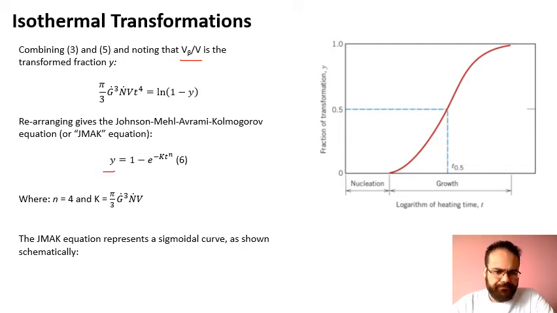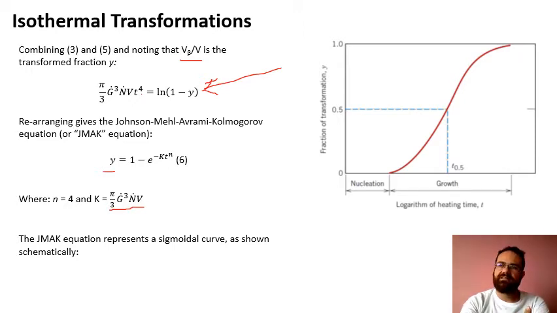In this expression, k is this constant here, which is simply the terms which were here initially, and n is ideally 4, so it's the time exponent 4. This is a very important equation in physical metallurgy because it explains the time variation of transformed fraction at a constant temperature. It is due to these four gentlemen, Johnson, Mehl, Avrami, Kolmogorov, and it's also called the JMAK equation.